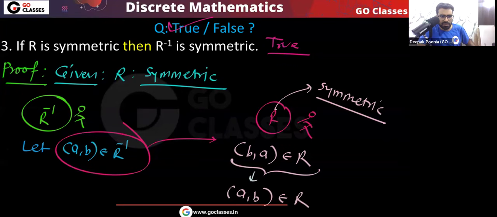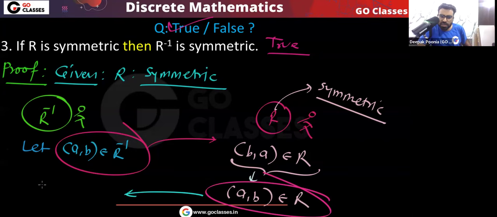Now you tell me, if AB belongs to R, then what can you say about BA belonging to R inverse? Yes, if AB belongs to R, then definitely BA belongs to R inverse. Hence proved.